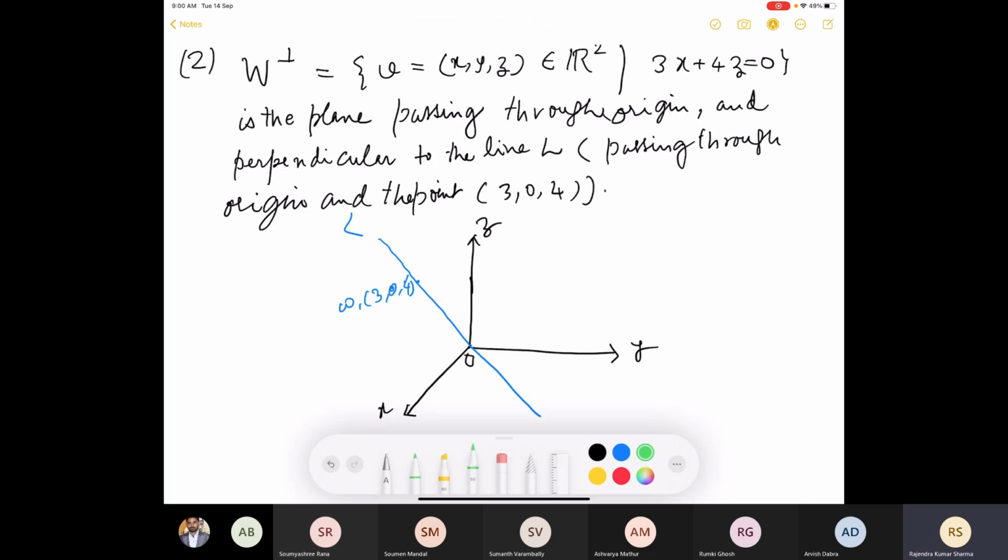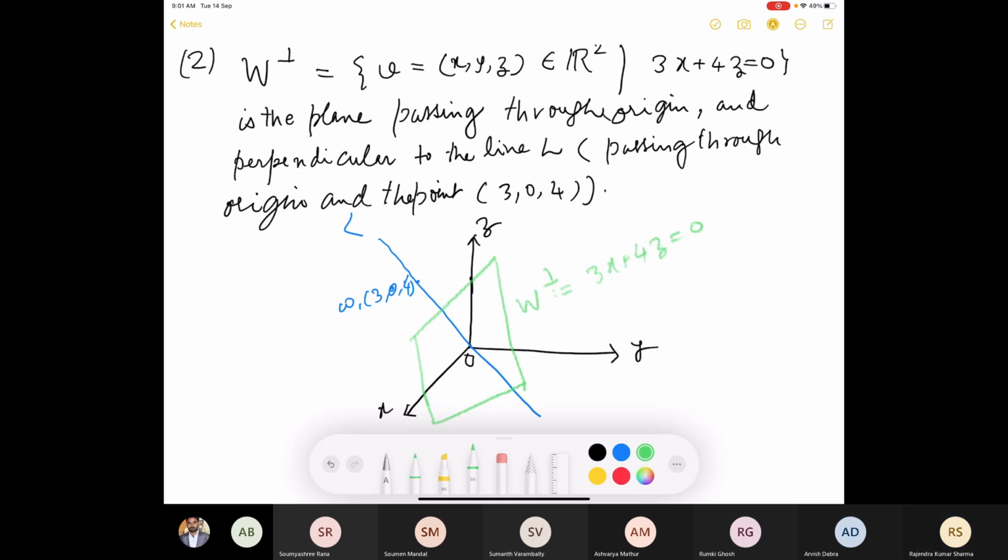So this is your plane. This is the orthogonal complement of W, and this is the plane 3x plus 4z equal to 0. Y is, of course, arbitrary. This is the orthogonal complement.